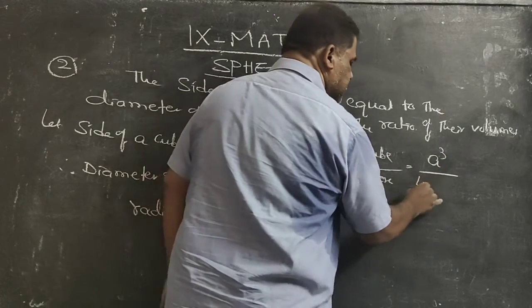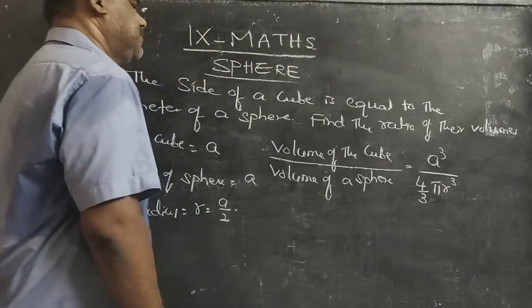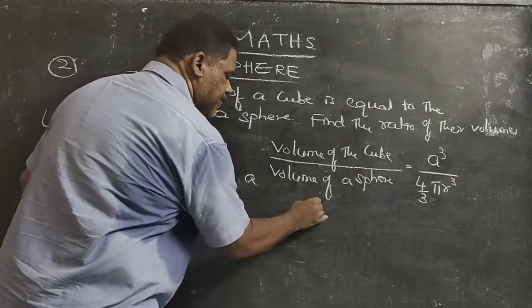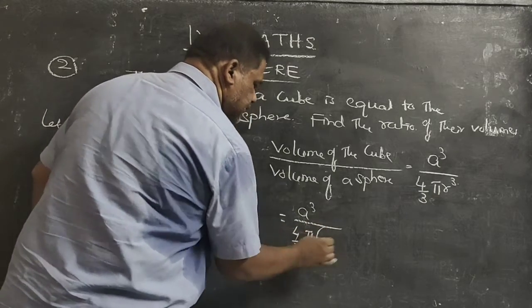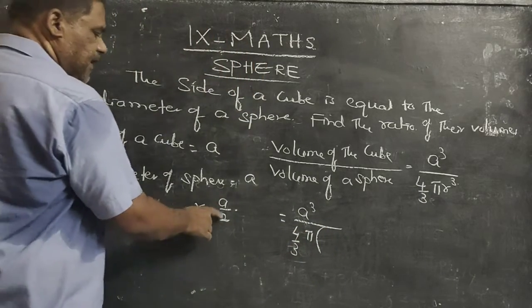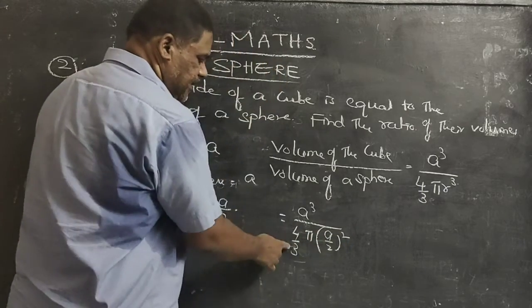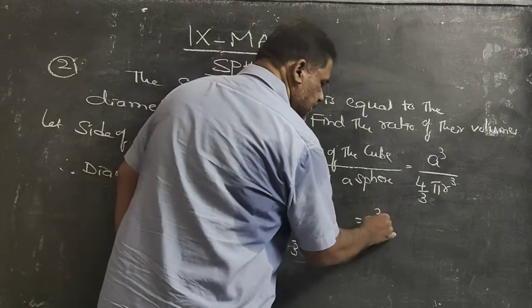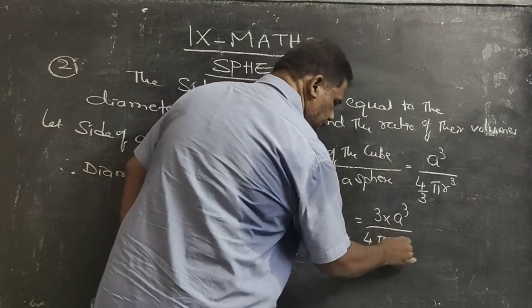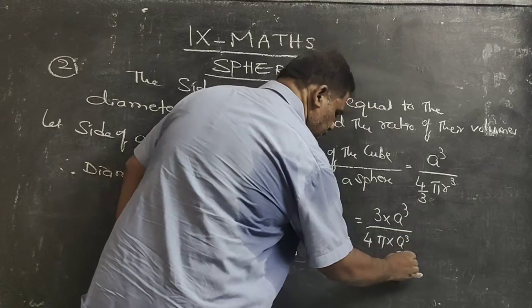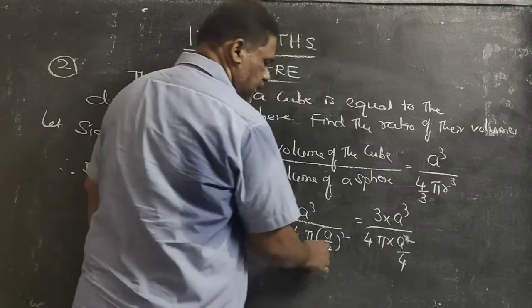Volume of the sphere is given by the formula 4 by 3 pi r cube. Here in place of r we can write a by 2. This 3 goes into the numerator.